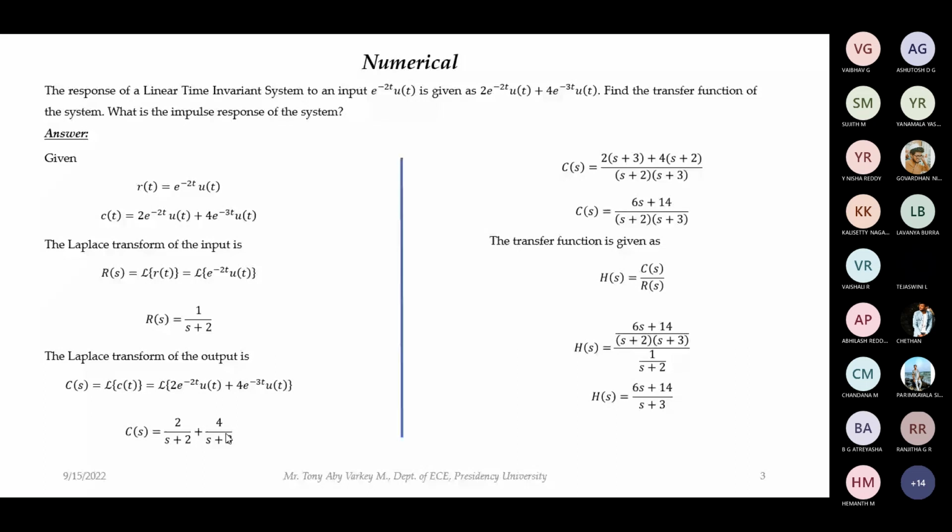Now, what is the second question that is asked? That is the impulse response of the system. So once you know the transfer function, how will you find the impulse response? Inverse Laplace. Correct.